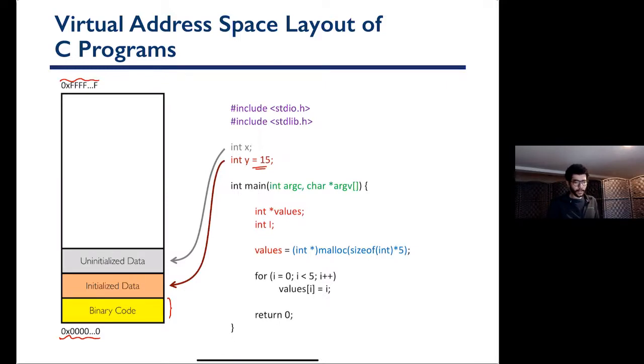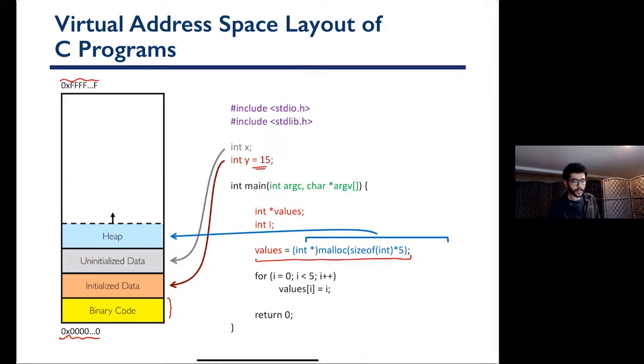Now, the environment variables and the inputs to the main go, oh, sorry, before going there, any memory that we dynamically allocate, like here, value equals int star malloc size of int times 5, goes to the heap.